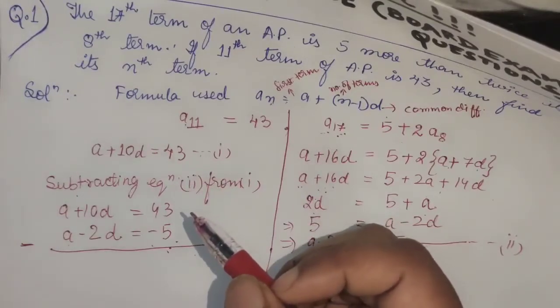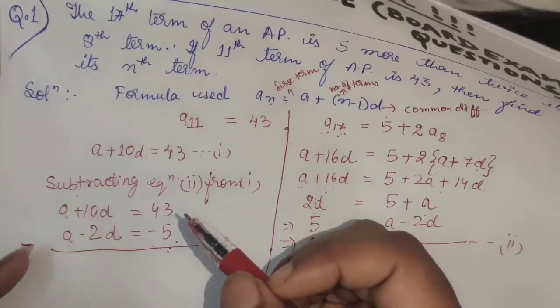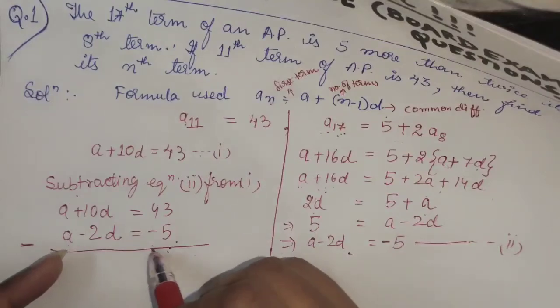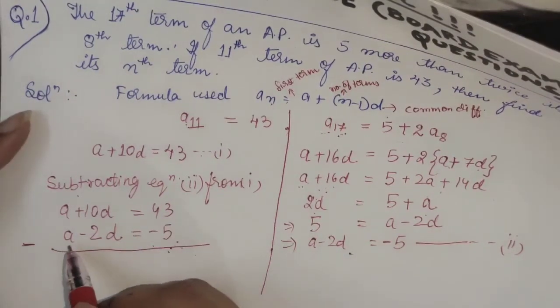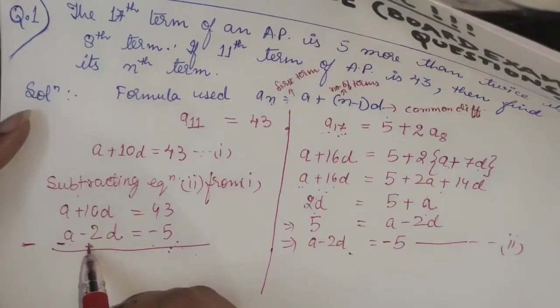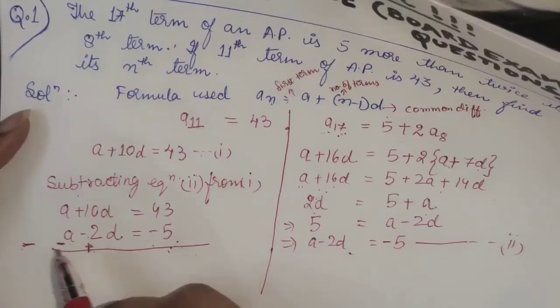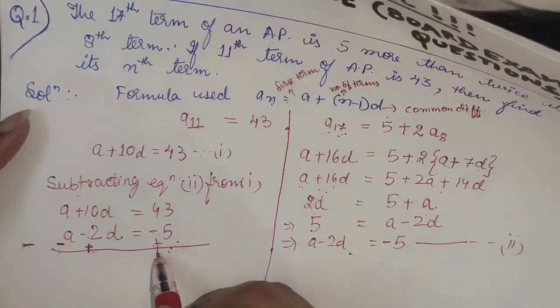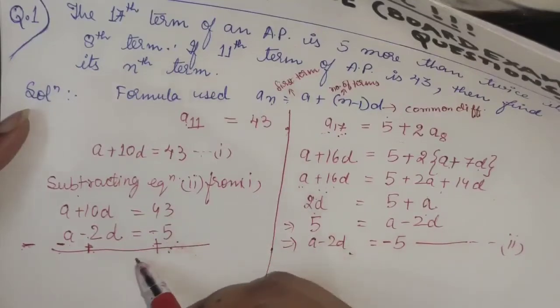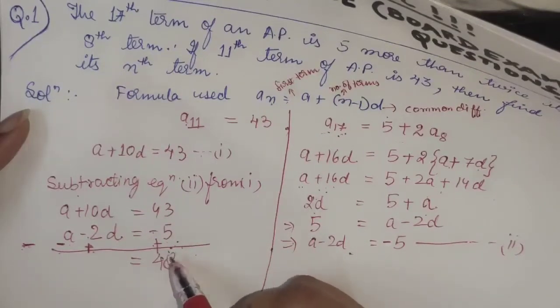From there you can easily get how the sign changes. Here there is a minus, so the signs of all the terms will change. This will become minus, this will become plus, because minus plus minus, this minus minus plus, and this minus minus will also be plus. Now 43 plus 5 is equal to 48.